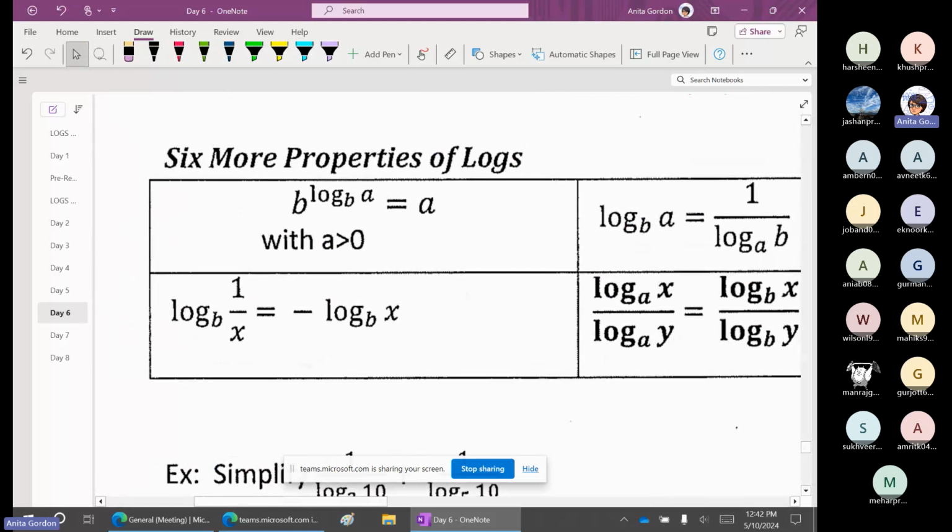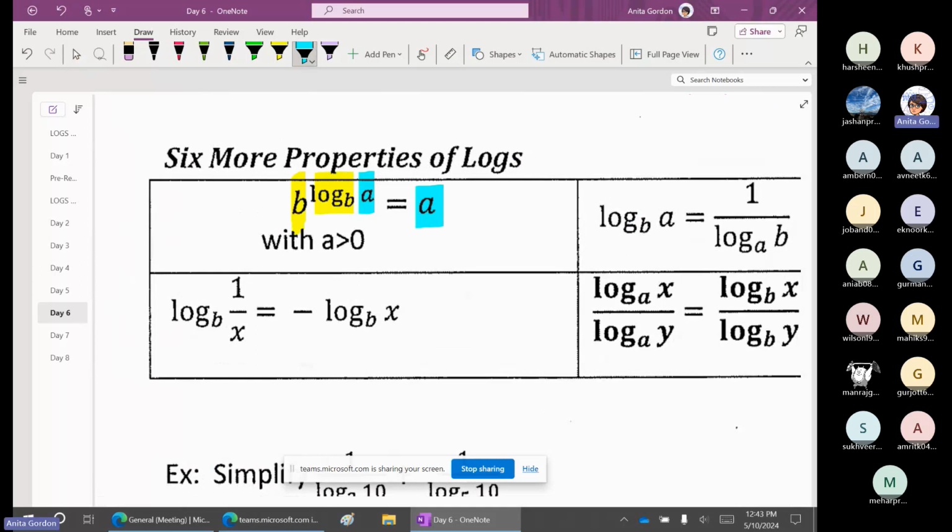A base to the power of a log that has the same base essentially cancels itself out. So whatever is on the inside of the log, that's the answer. Because remember that exponentials and logarithms are inverses. This is essentially the same thing as saying b over b. That's a 1. It cancels itself out.